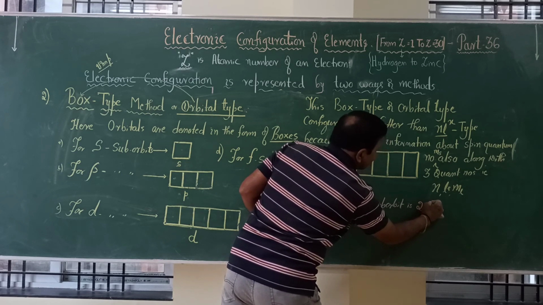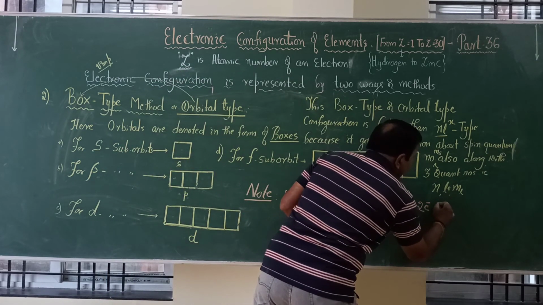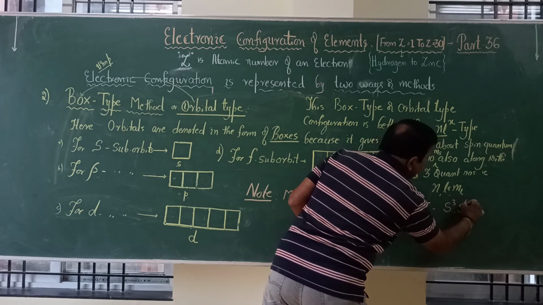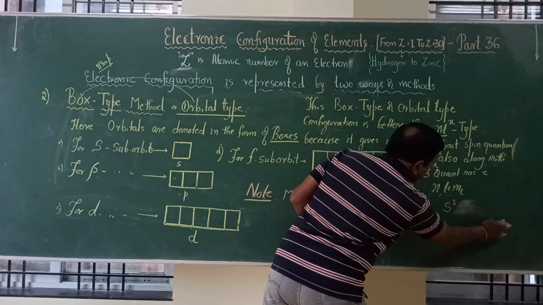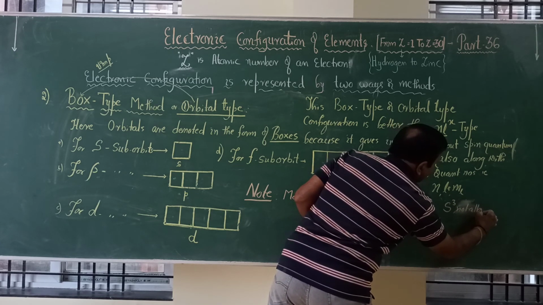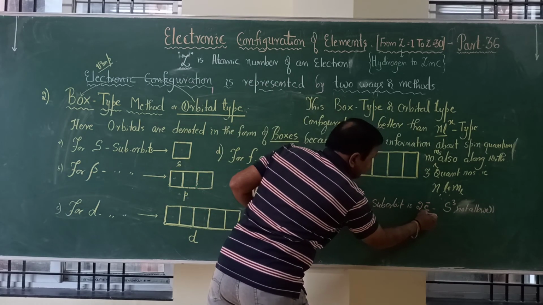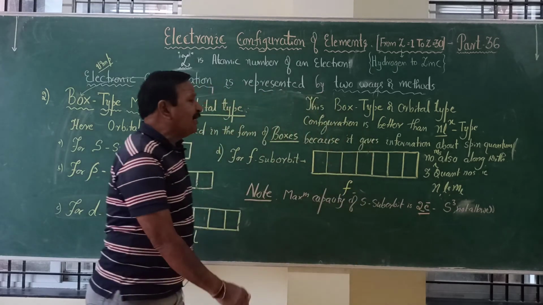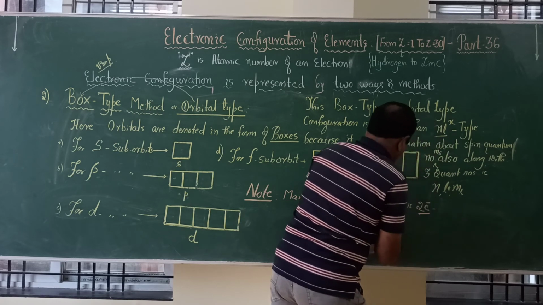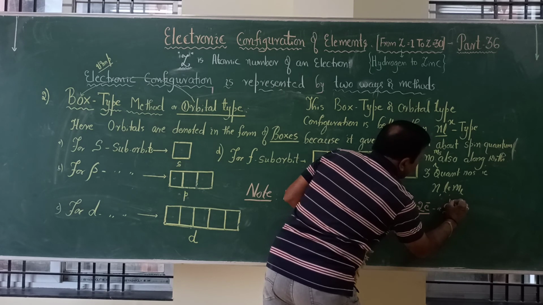That is 1s1, 1s2. s3, s4 not allowed. s3 is not allowed because maximum capacity is 2 electrons. So you can have only 2, s1 to 2.